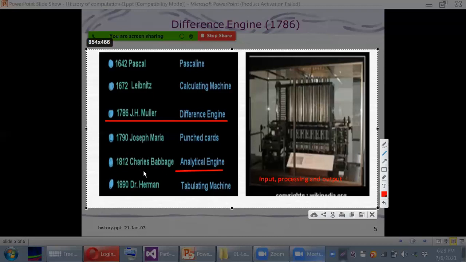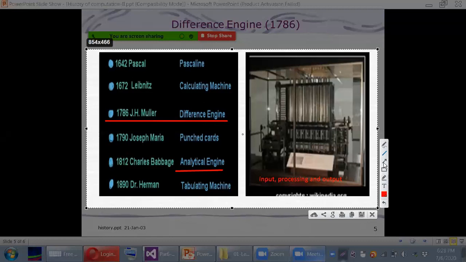That's why Charles Babbage is also known as the father of the computer. In the next lecture, we will discuss this analytical engine in detail, and we will also discuss one of the most important computing devices, punch cards. But right now, we have discussed three very important mechanical computing devices: Pascaline, calculating machine, and difference engine.